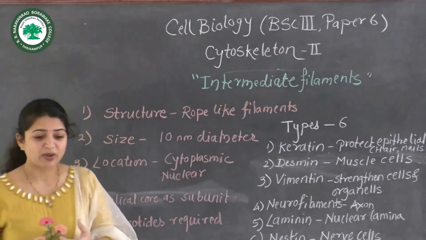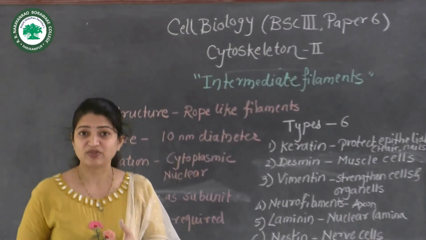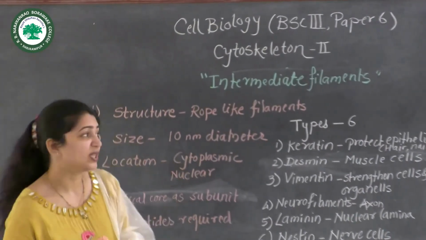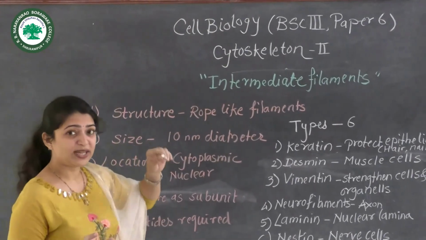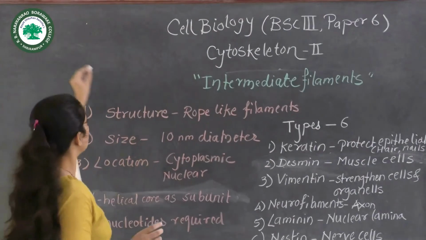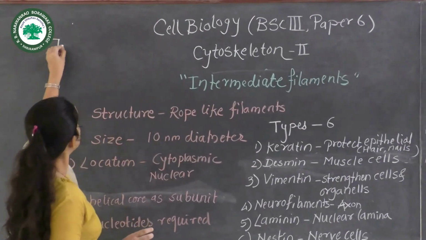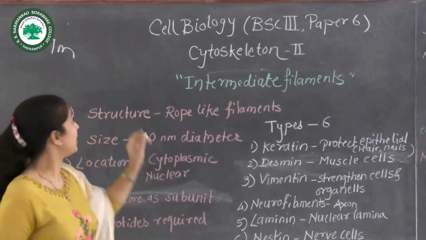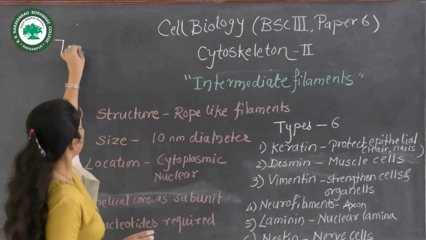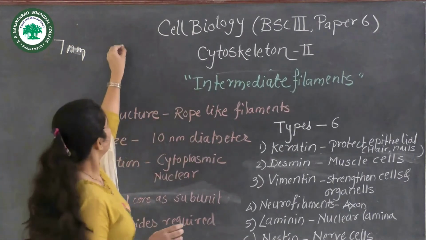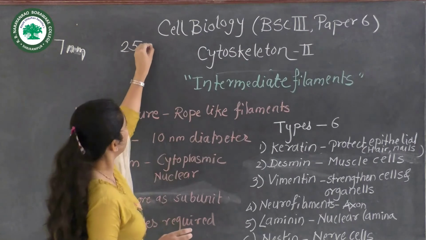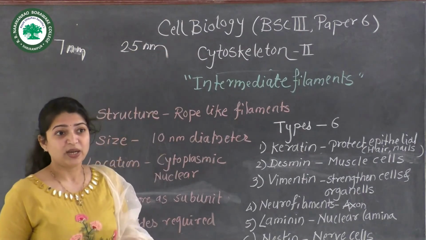Because, as we have studied, microfilaments were the smallest filaments of the cytoskeleton. Microfilaments have a 7 nanometer diameter, while microtubules have a 25 nanometer diameter.